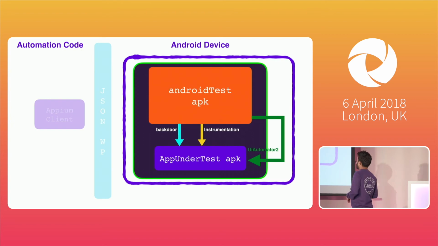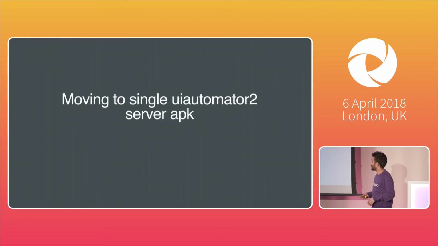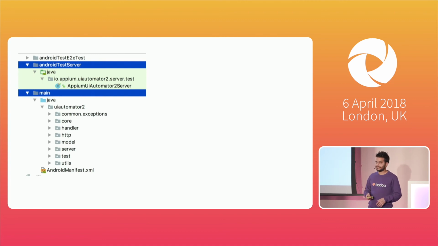So I did the same thing. This is the as-is code of the UiAutomator 2 server. There are two blue highlighted lines. The first line is the test APK, which, if you see, has only one file, which has just one JUnit test. And the second highlighted line, the main folder, has all the handlers, HTTP, and basically all the WebDriver handlers.